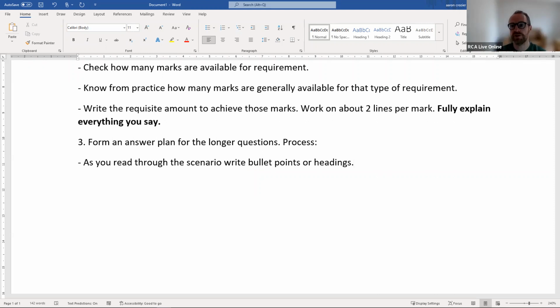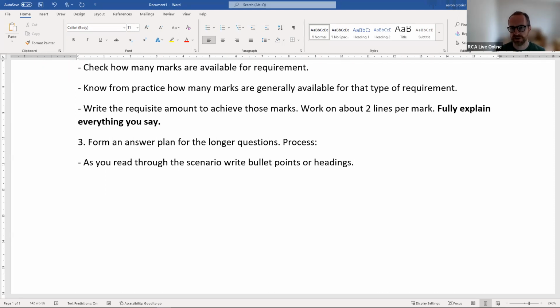Take my example of the temporary accountant. That would be your heading or your bullet point. Audit risks, there's a temporary accountant in place. Now, if you need to say something more than that to remind yourself of what it is, write a little bit more. But that to me would be enough on my first read through.